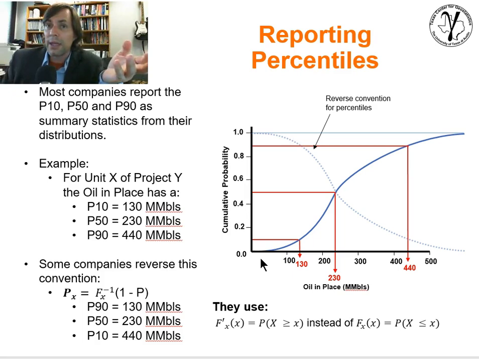So if you're working in a subsurface asset team and you've developed a model for oil in place for a brand new reservoir, unit X of project Y, and you report P10, P50, P90 of 130 million barrels, 230 million barrels for P50, and P90 at 440 million barrels, then that's a big deal. That's the target.